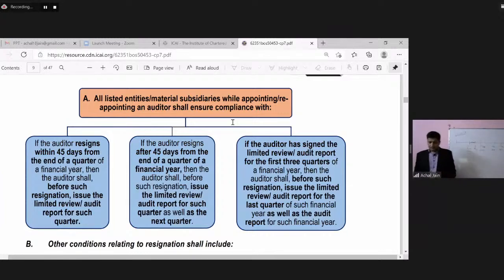Requirement number 3. If the auditor has signed the limited review report or the audit report for the first 3 quarters. So which are these first 3 quarters? These. If for these 3 quarters, the auditor has issued the report, means he has signed.